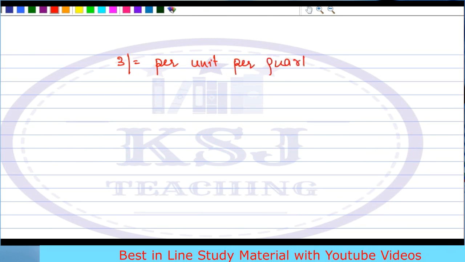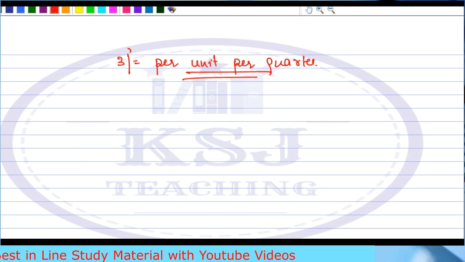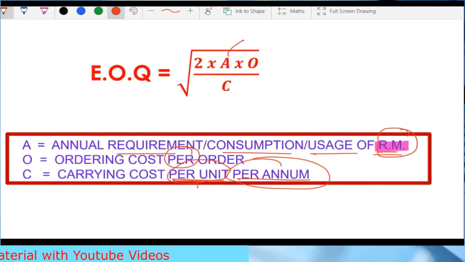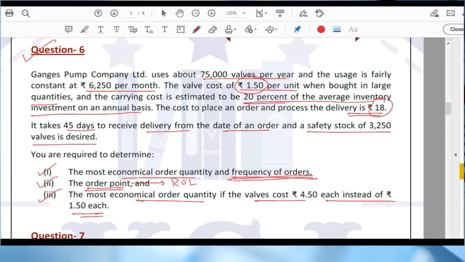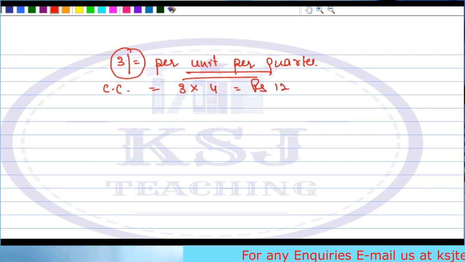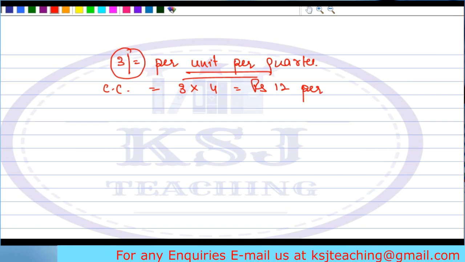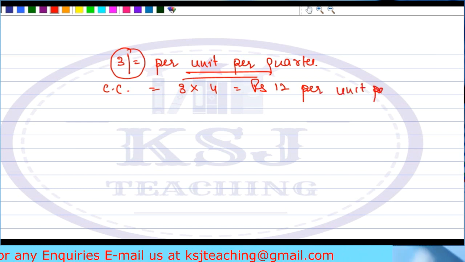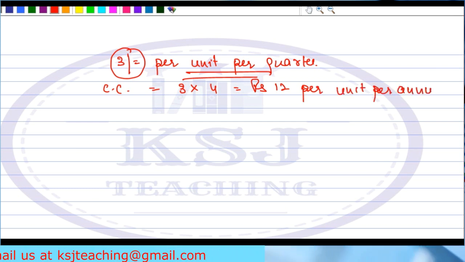Now the student will directly take 3 rupees. But for EOQ you have to take per annum. That means your carrying cost in this case will be 3 rupees per quarter multiplied by 4 quarters, that is 12 rupees per unit per annum. So this is how the institute wants you to focus on the small areas.